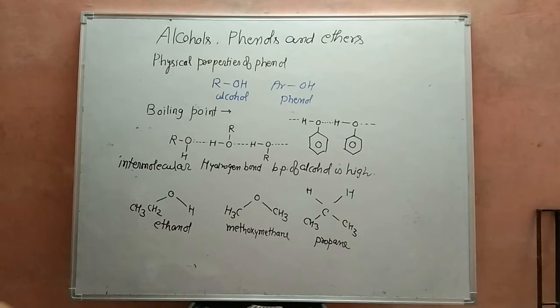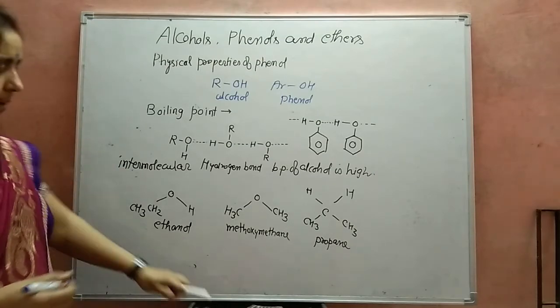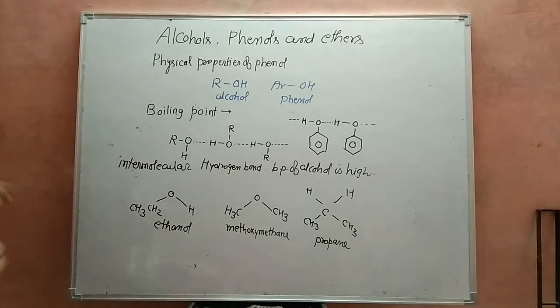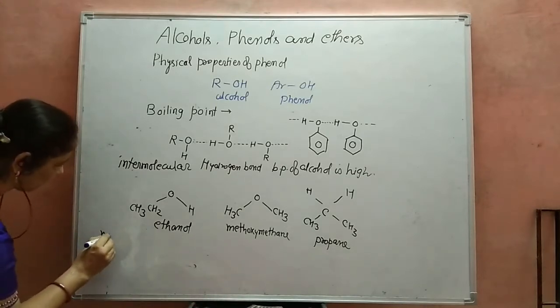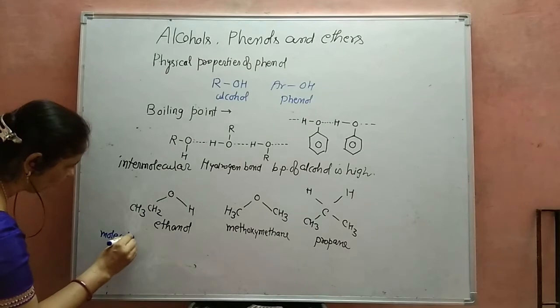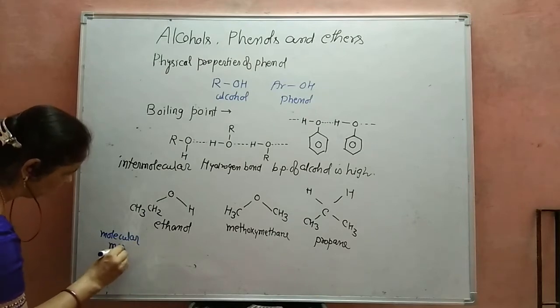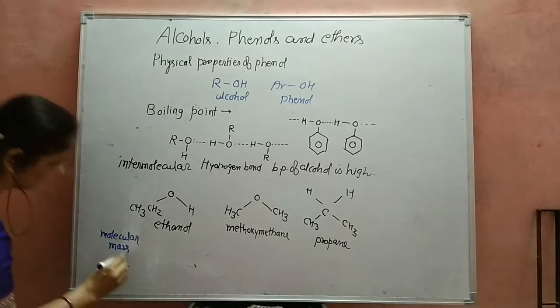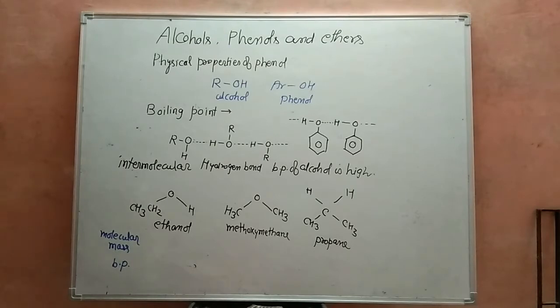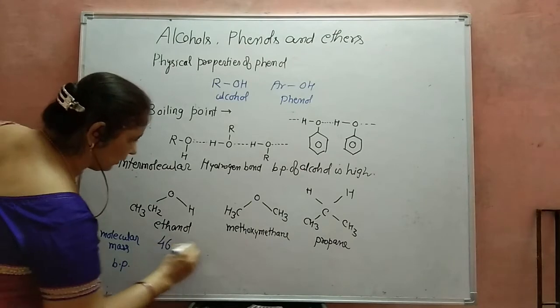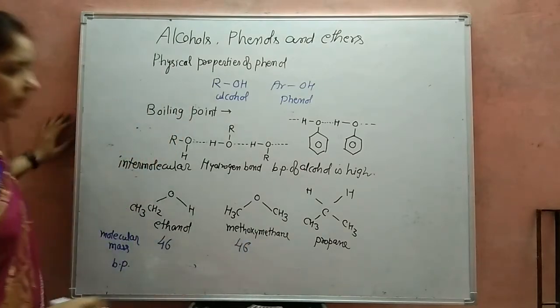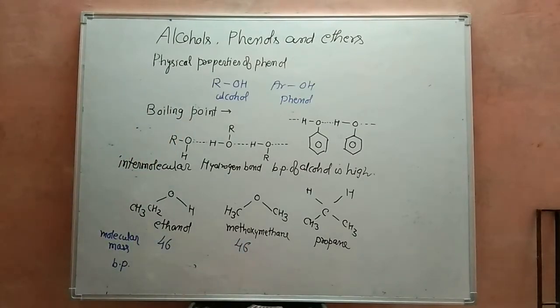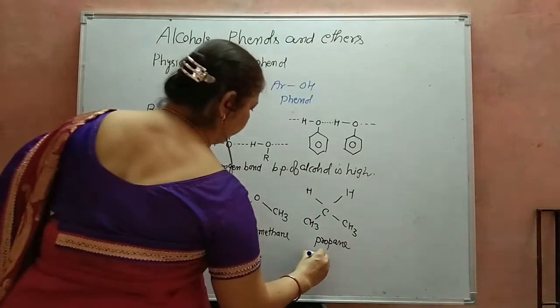Here we compare the molecular mass and boiling point. ठीक है, हम यहाँ पर इनका molecular mass और boiling point देखते हैं. If we observe the molecular mass of this, it is 46, and the molecular mass of this compound propane is 44.